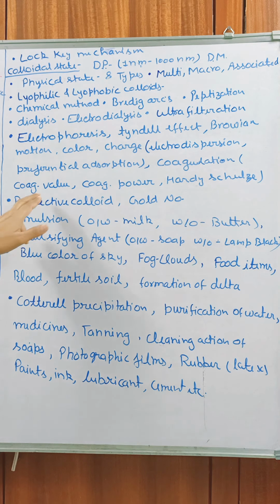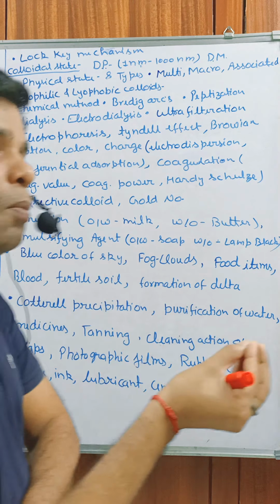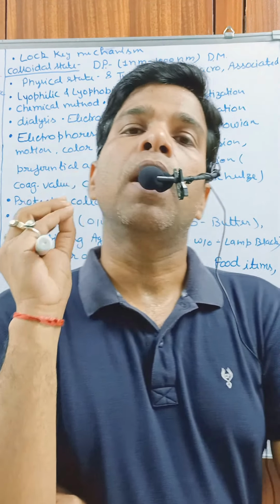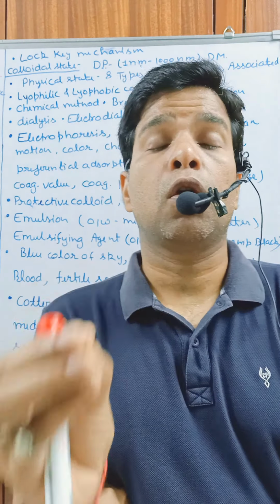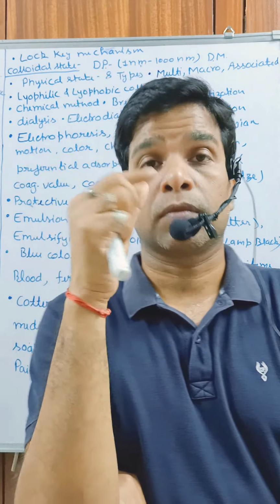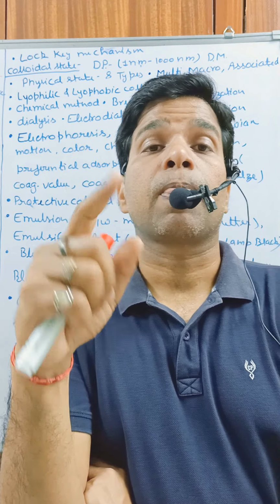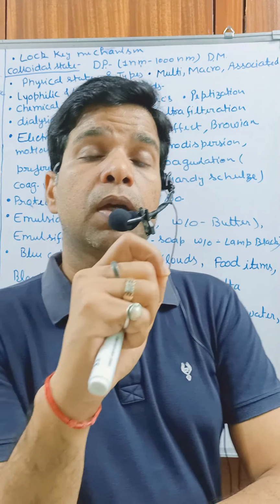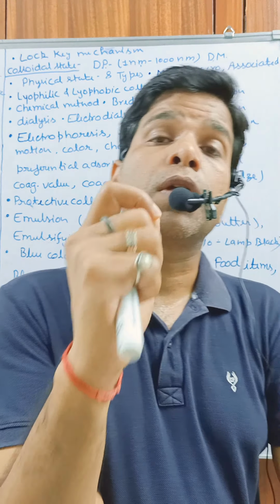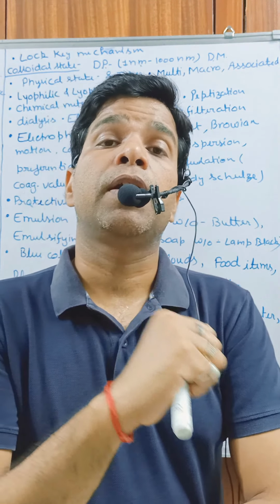We have the coagulation value also. What is the coagulation value? How many millimoles of the electrolyte are required to cause the coagulation of 1 liter of colloidal solution in 2 hours?